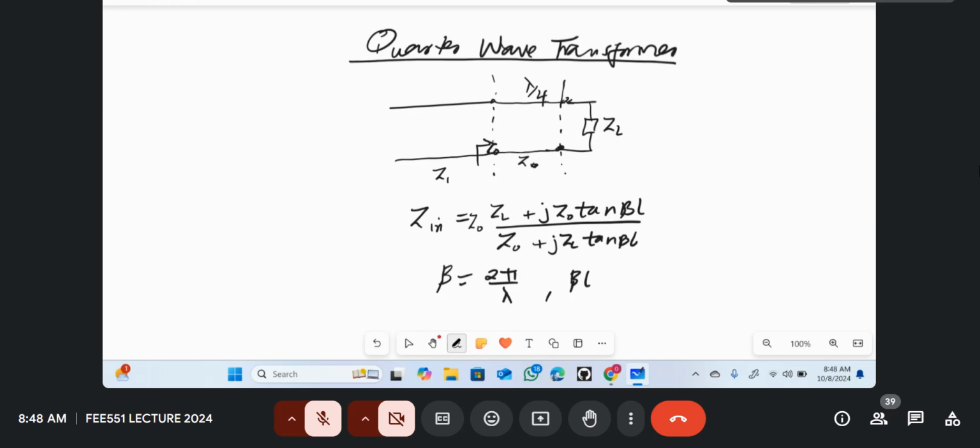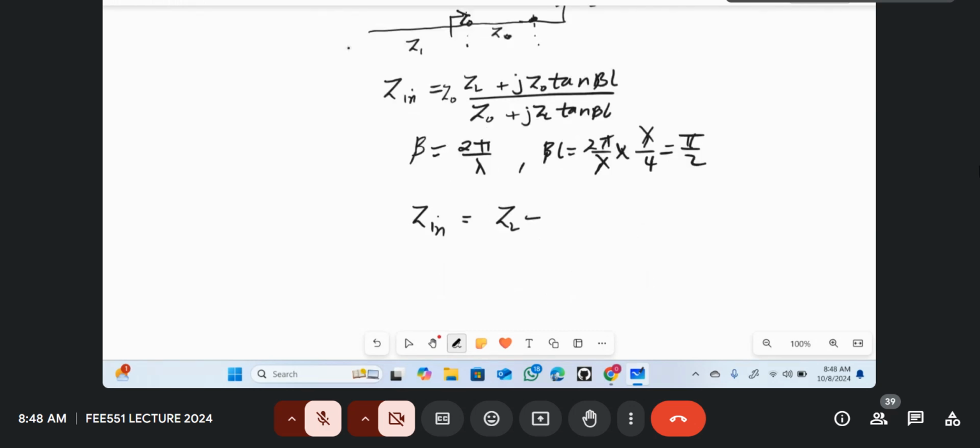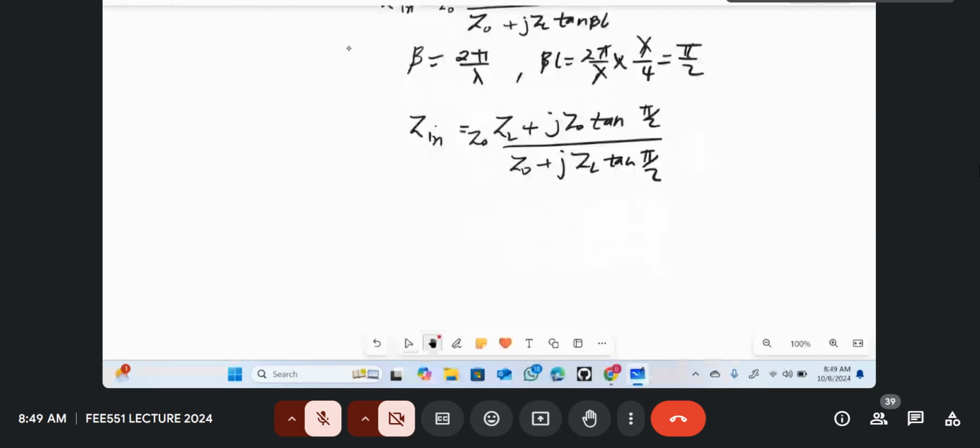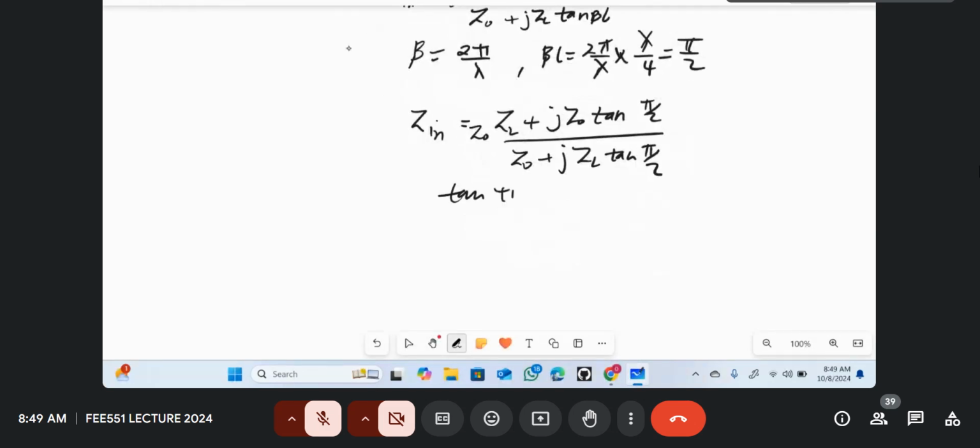Inserting that in the formula, we will have ZL plus j Z naught tan pi over 2, divided by Z naught plus j ZL tan pi over 2. And we know tan pi over 2 approaches infinity.